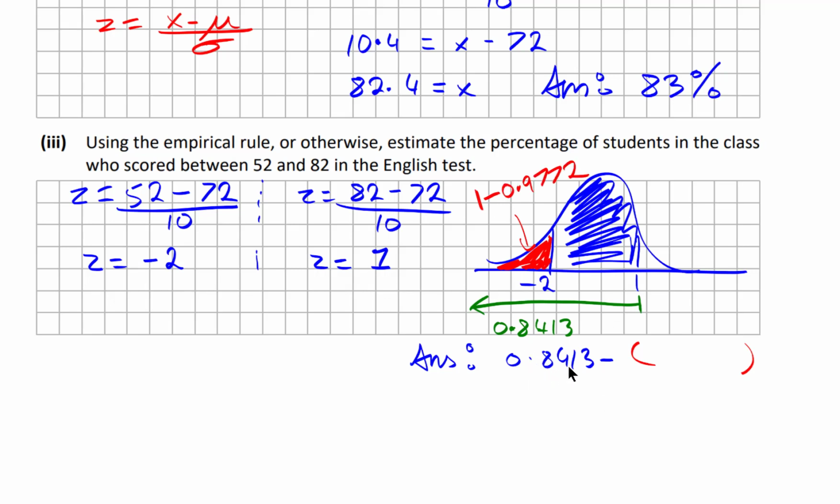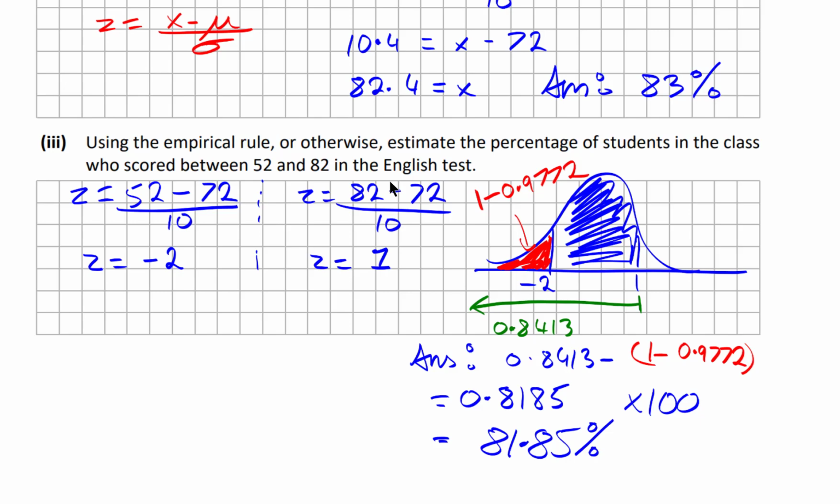So therefore my answer is 0.8413 minus (1 minus 0.9772), and the answer to that is 0.8185. So to estimate the percentage of students in the class who scored between 52 and 82, as a percentage, just multiply that by 100. That will give me 81.85%.